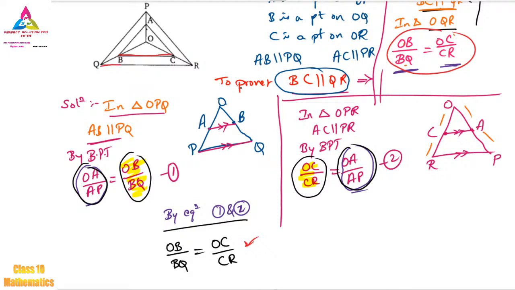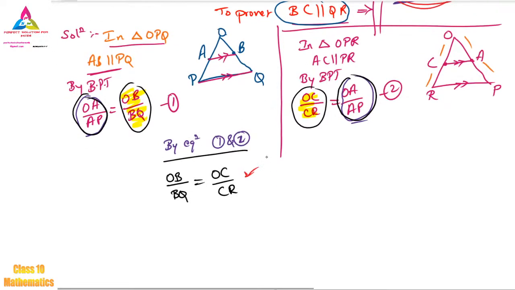BC parallel to QR we have to prove, that is nothing but in triangle OQR, similar to what I have done here. So similarly we have to write in the bottom triangle OQR.